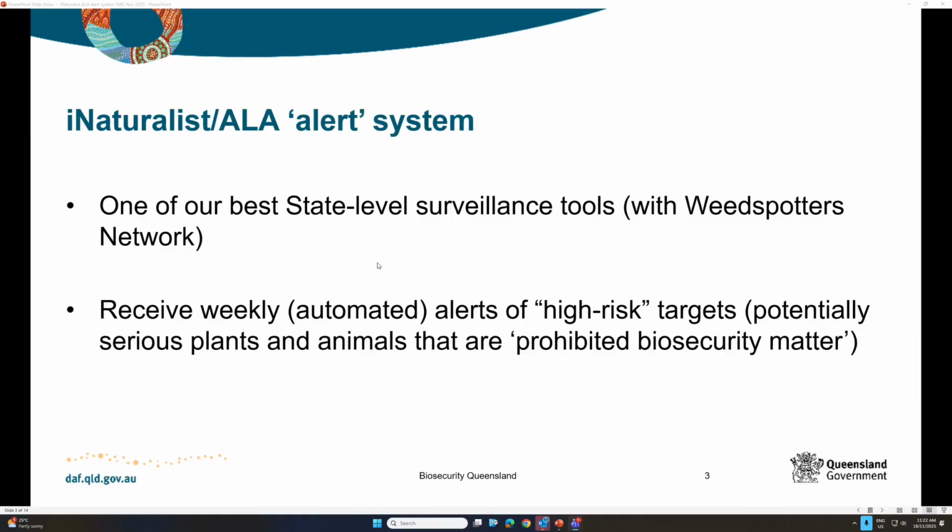Andrew has set up an automated weekly alert, just basically an email that comes to me whenever one of our high-risk targets is detected on ALA, and as you know, iNaturalist data feeds into ALA. So whenever one of our targets is detected, that alert comes through to me for actioning.